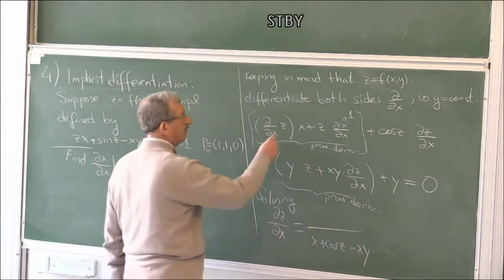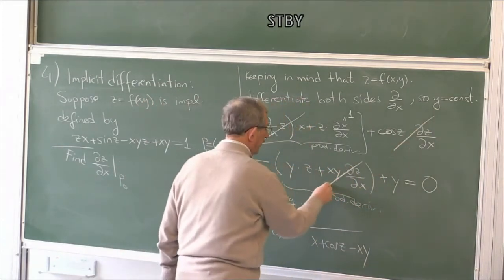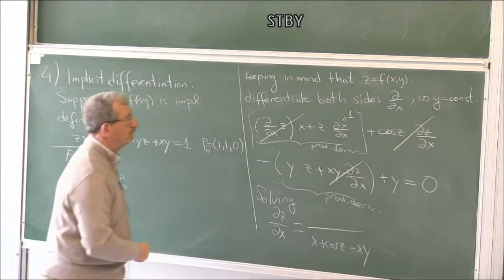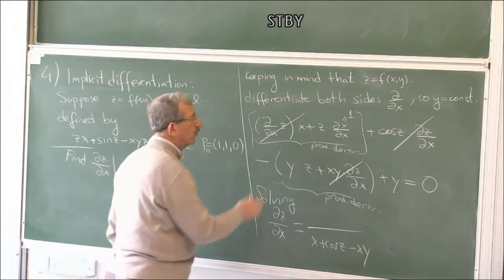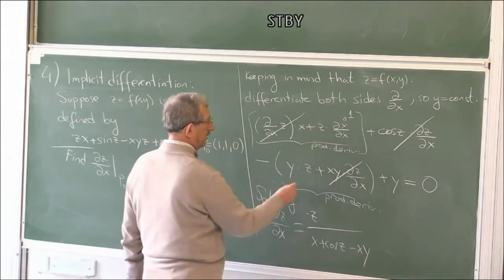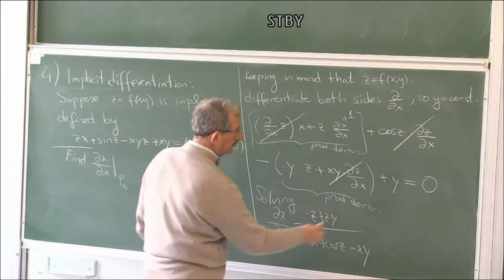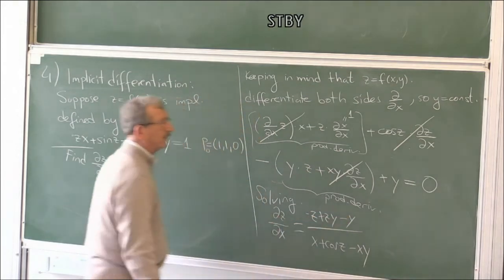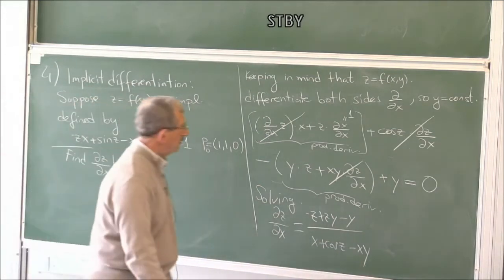This takes care of this term, and this term. And the remaining part goes to the other side. So that would be minus z and plus zy and minus y. Okay. So this is our function.